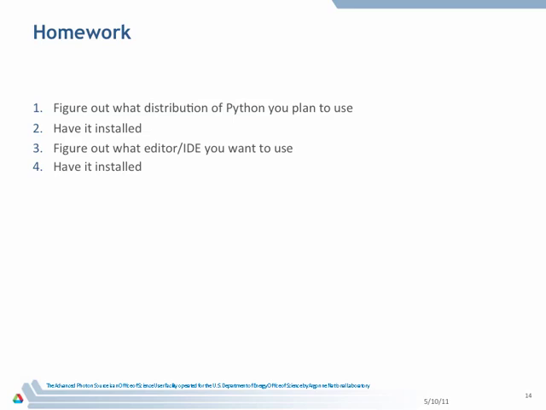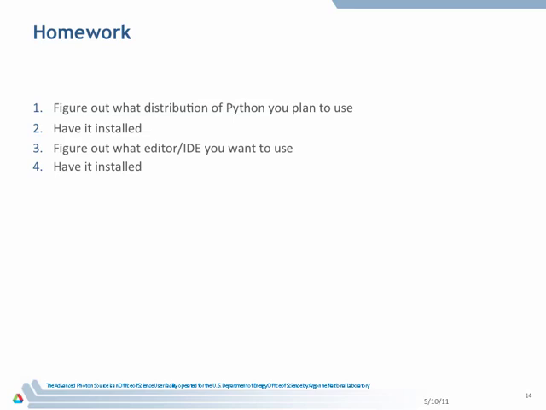Okay, so homework. We'll talk about this in the next class, but actually in this homework there isn't a whole lot to talk about. Figure out what distribution of Python you want to use. Actually, I should show you how to install Python. Have it installed.